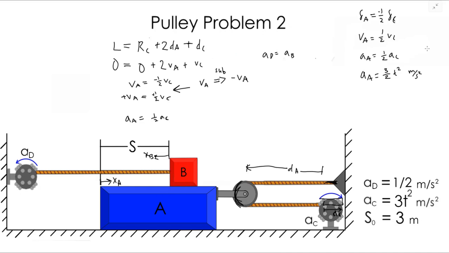It makes perfect sense. If you take the derivatives twice, you get the acceleration equation. So AB is going to equal AD, and AD is just a half meters per second squared.